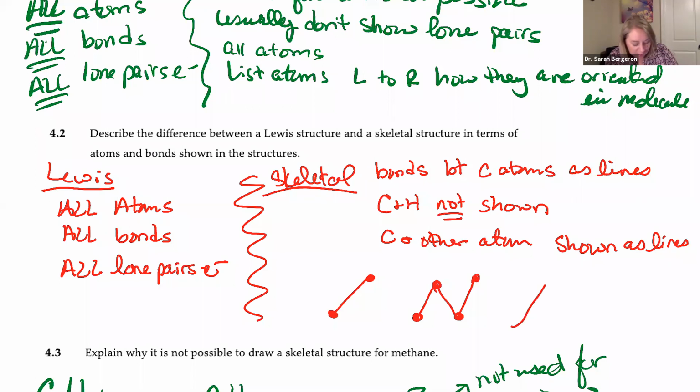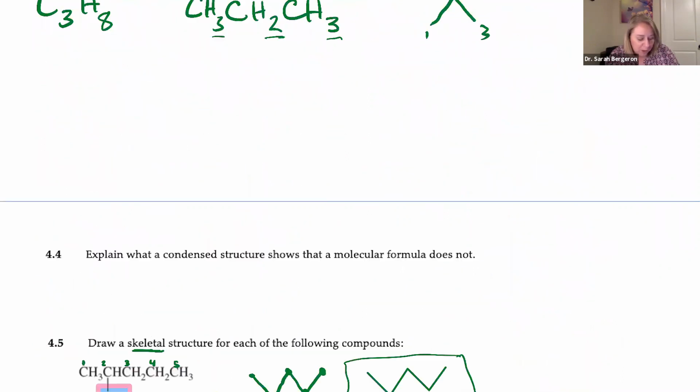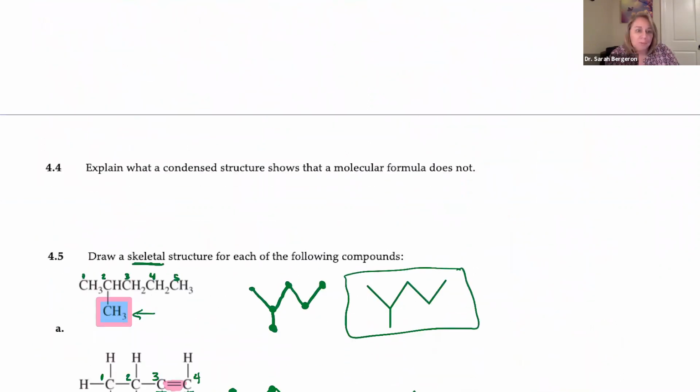If I had this Cl, that would tell me that I had a carbon, I have a carbon, I have a carbon, but the last one would be a chlorine. So be careful that you can look at lines and know where carbon atoms are. That's really, really important.